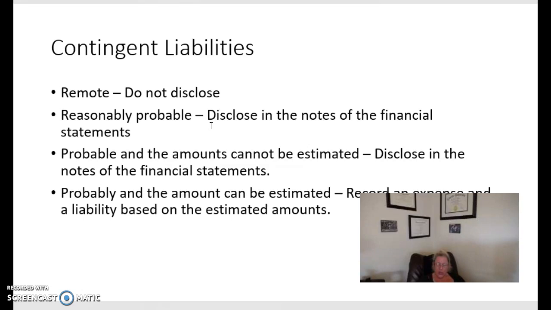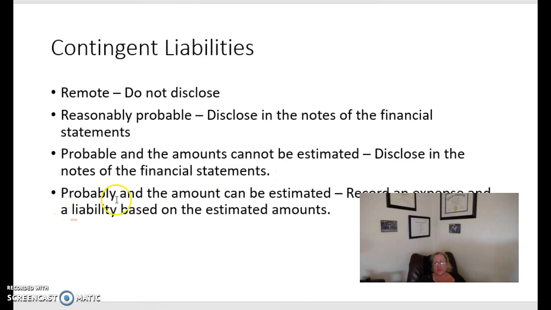Just in the notes you have to say, there's a lawsuit, and give a little information, describe it. Then if it's probable and the amount cannot be estimated, then you will disclose it in the notes of the financial statement. And you'll describe it as well. You will say that it's probable, but the amounts cannot be estimated. You'll give whatever information that you can because you're trying to keep your shareholders informed.